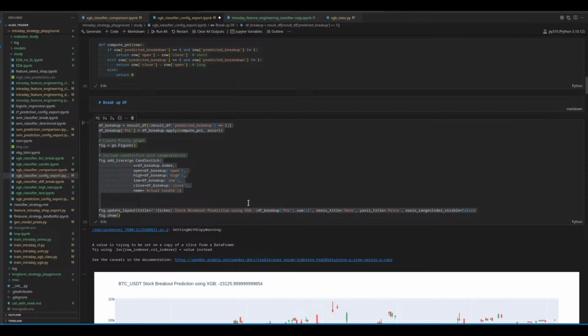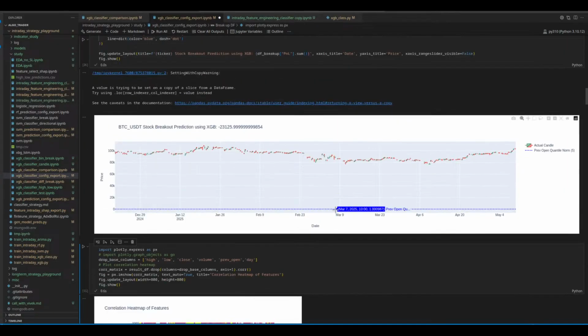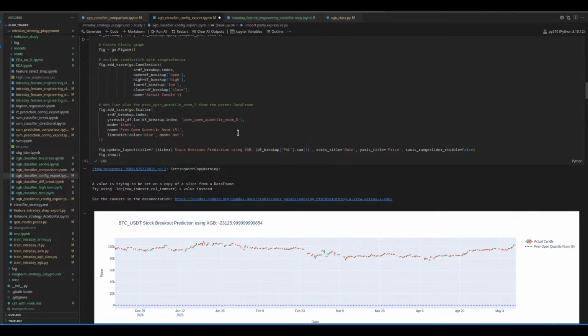Let me get the line plot code from ChatGPT. Okay, amazing. I would need it on a secondary axis. Put the line plot on 3 axis.